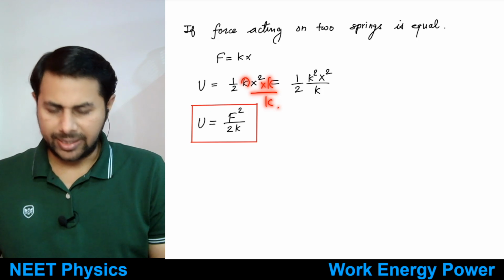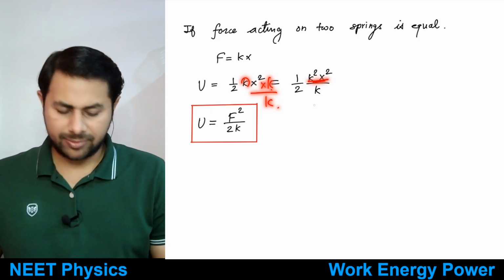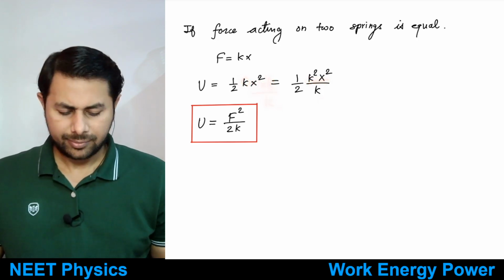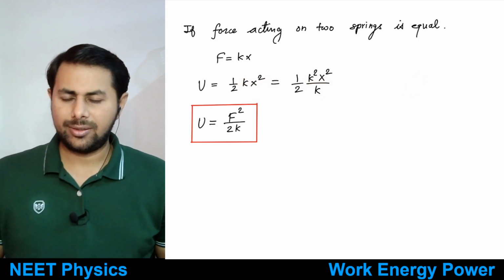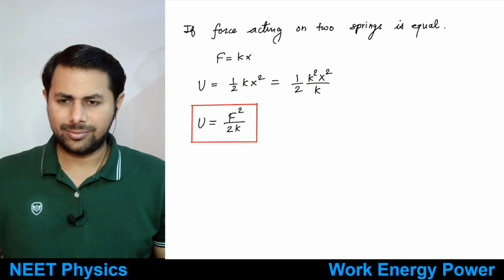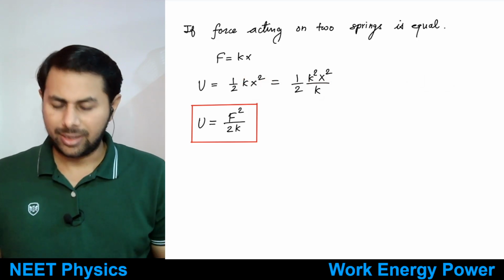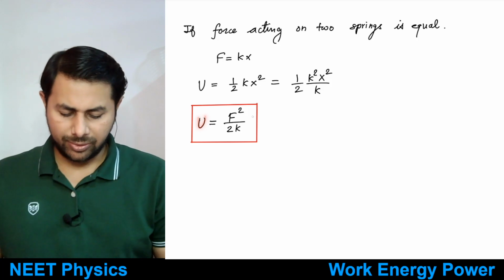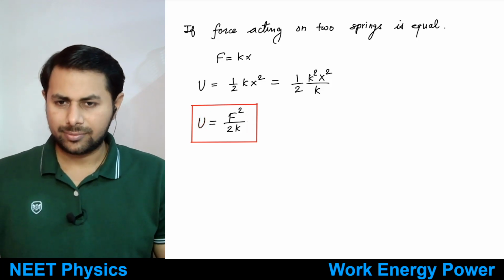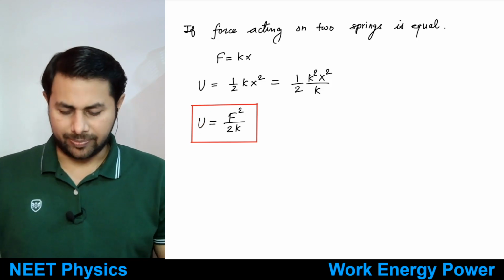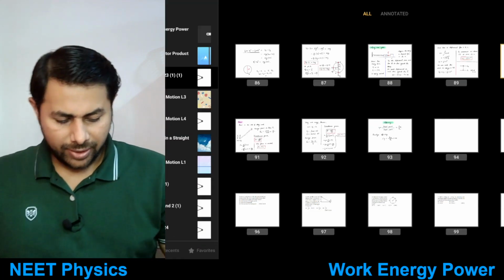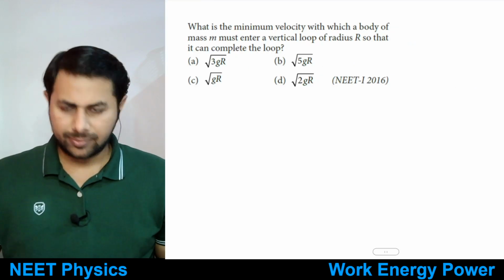This thing will become k square x square divided by k, right? And what is k square x square? It is F square. Therefore you can use this formula, U is equal to F square divided by 2k, right? So that's simple. Okay, now let's solve some problems based upon these things.